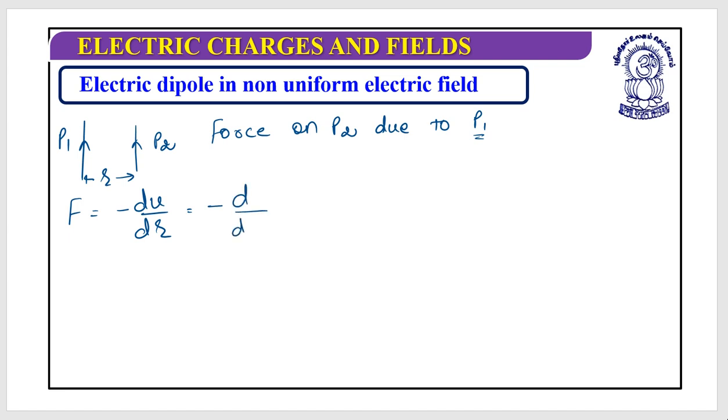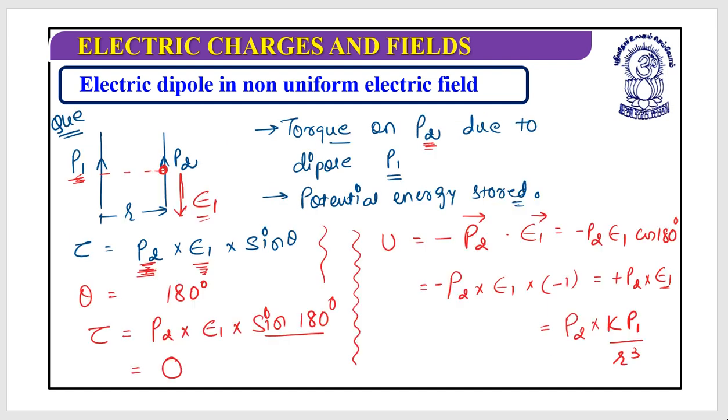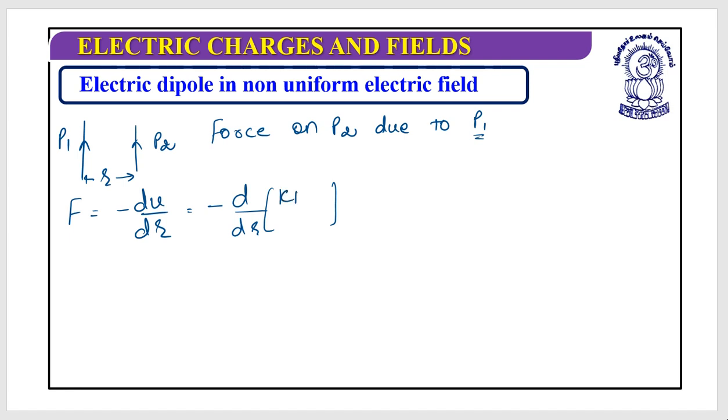So this is d by dr of the potential energy. What is it? Let's look. It's k p1 p2 divided by r cube. So these are all constants. Keep k p1 p2 aside, and this is d by dr of r to the power minus 3.